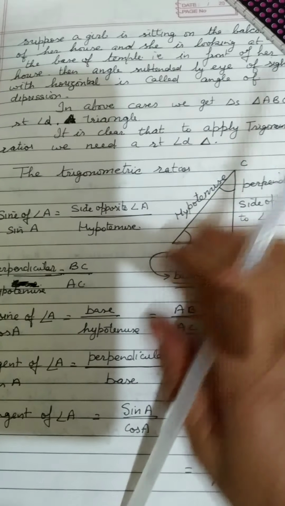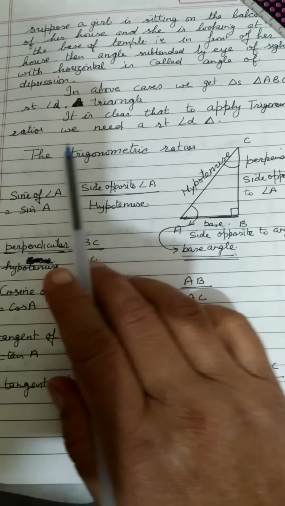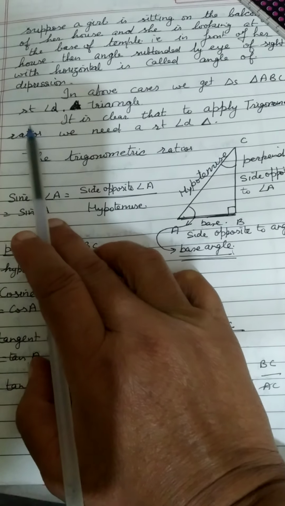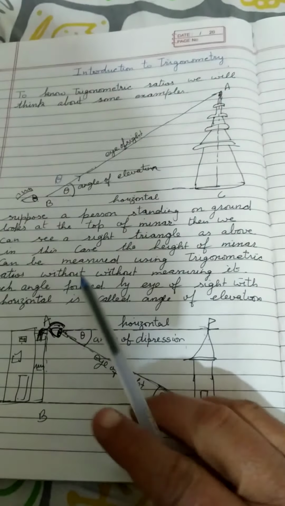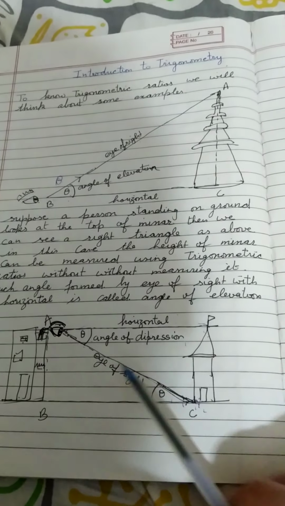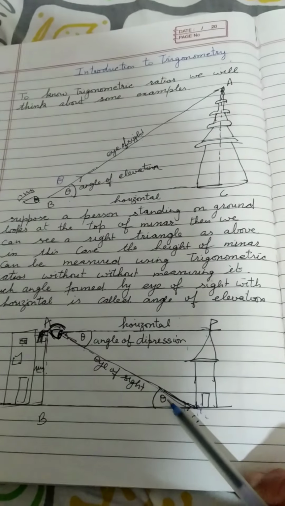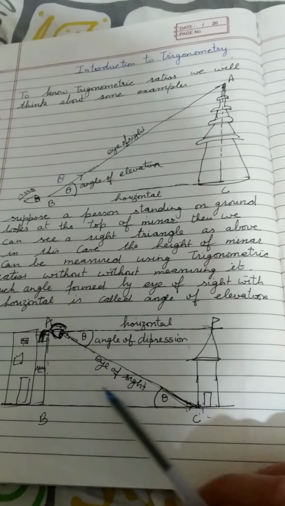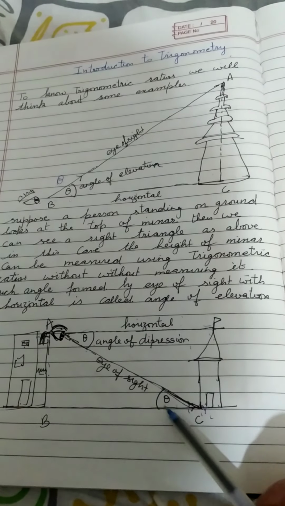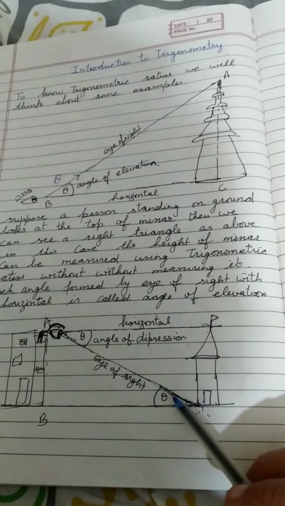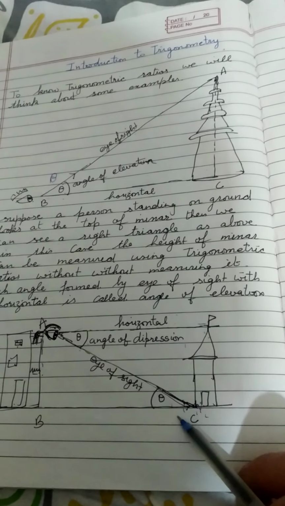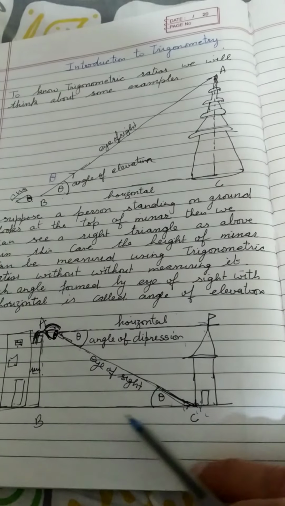In both of these cases, we are getting a right angled triangle, triangle ABC. This angle is the angle of depression, that is, the angle between the line of sight and horizontal.